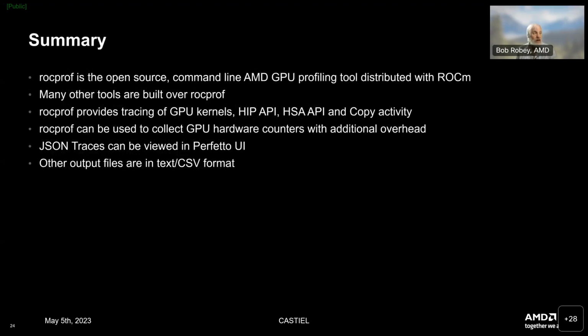So Rocprof is open source. It's part of the AMD GPU software tools, and this is a production tool distributed with ROCm. Many other tools are using Rocprof, and we'll talk about some today, but there's also HPC community tools that are generally available across all the platforms that also call Rocprof, or some similar layer in the AMD software stack.